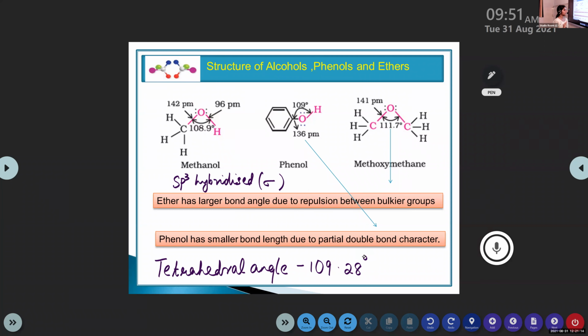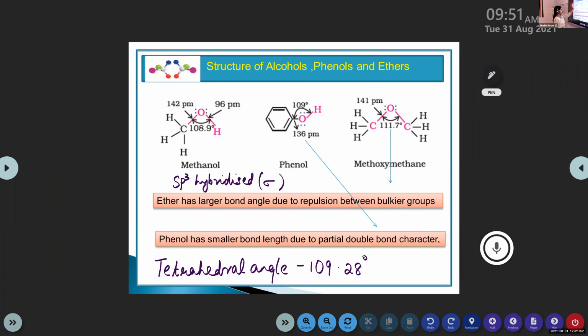They are not involved in any bonding, so they are considered as lone pairs of electrons, or non-bonded electrons. Due to the repulsion between the lone pairs of electrons present in the oxygen atom, the angle is reduced to 108.9 degree instead of the tetrahedral angle.